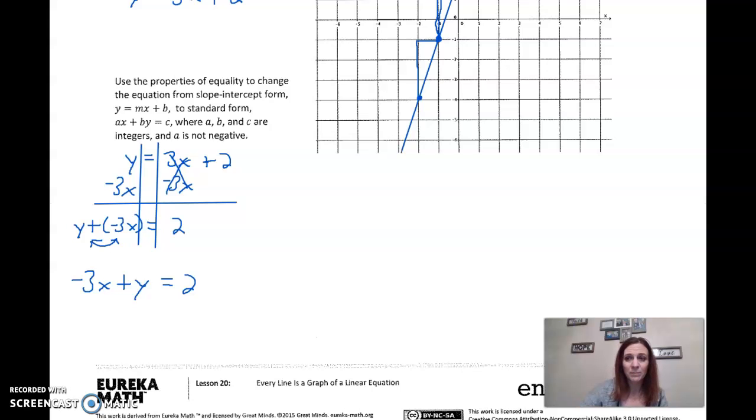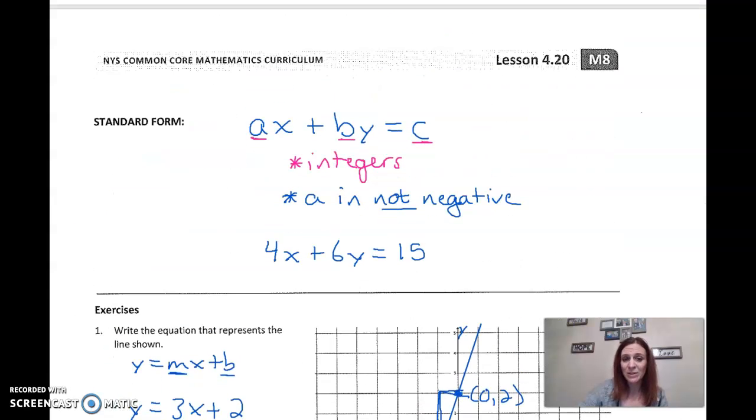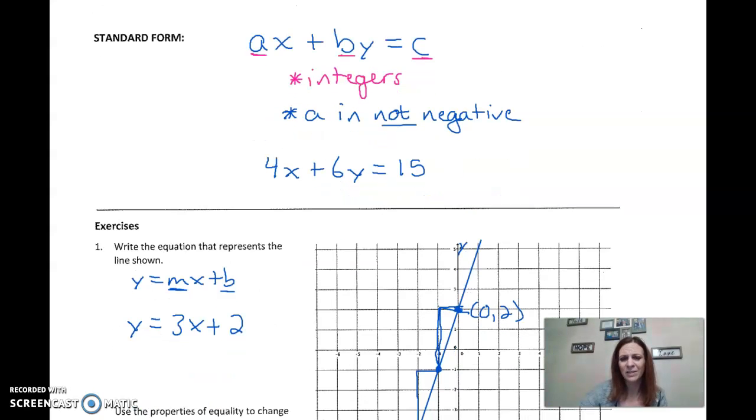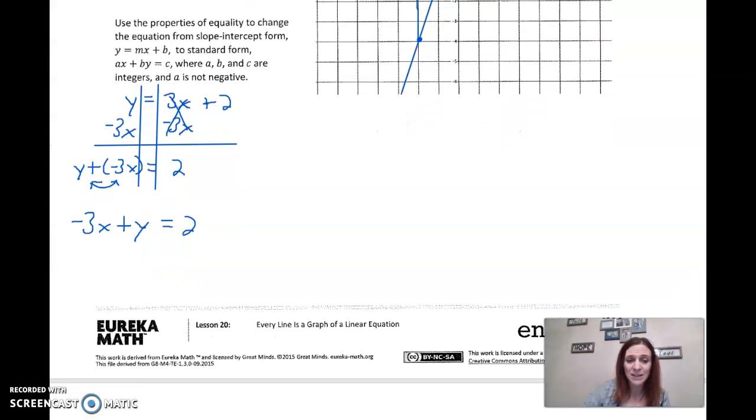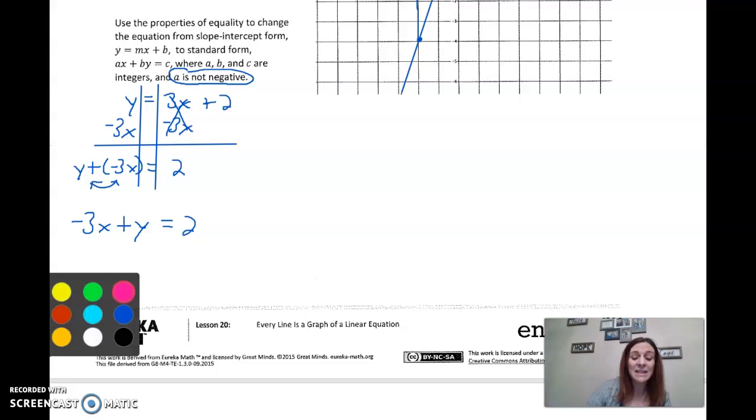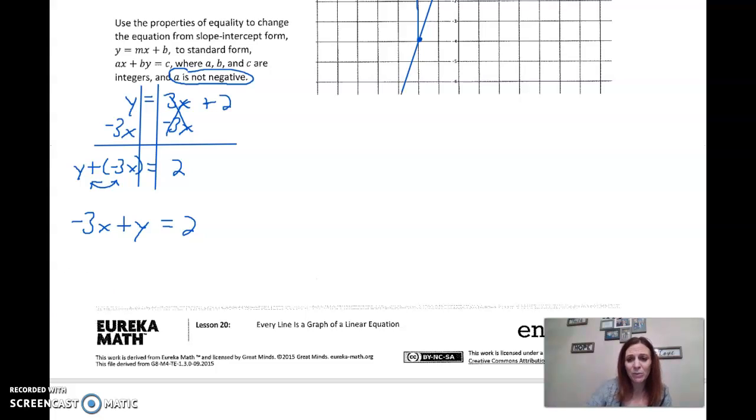Because remember, we have a number times x plus a number times y equals a constant number, c. Constant, an integer. Negative 3 times x plus 1y equals 2. But right now my a is negative, and a is not negative. Easy fix though. If this is negative 3 and I want to make it a positive 3, I just have to multiply it by a negative 1.